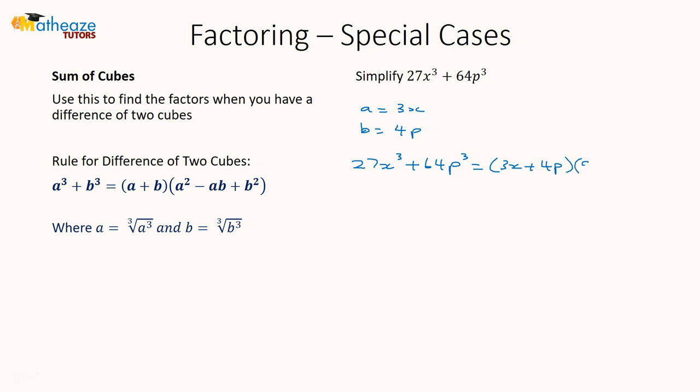Then we have 9x squared minus 12xp plus 16p squared. And that is the solution to this expression. That's the factored version of this expression.